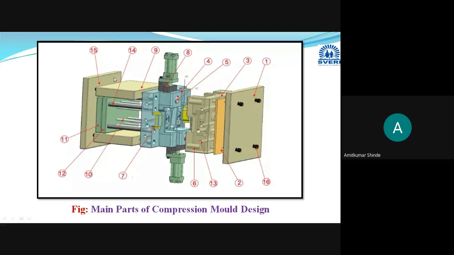Then this is the back plate, or bottom back plate, or simply bottom plate. As this is the top clamp plate, this is the bottom clamp plate. Its function is the same as that of the top clamp plate.